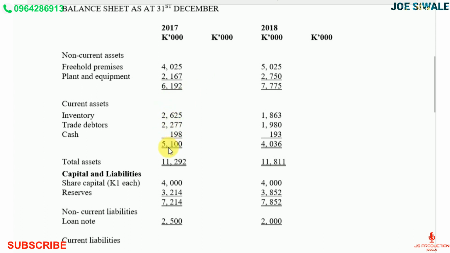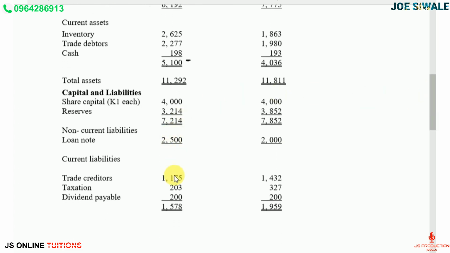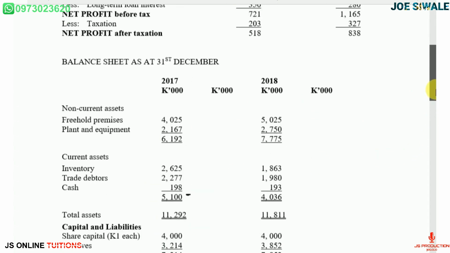So from this we know that our current assets, we have this. We're going to say 5100 minus our current liabilities, which is 1578. And after getting your answer, that will be your working capital. After getting your answer, you add it to your fixed assets, which is 6192.